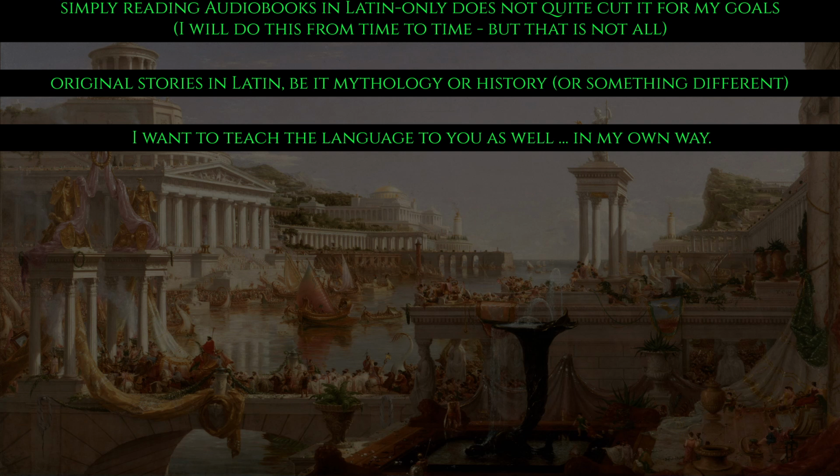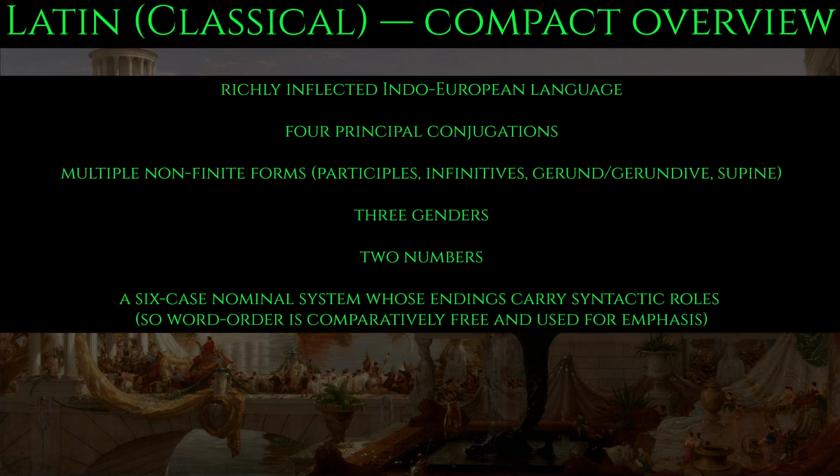So, before we begin our first lesson, let me give you a brief overview of the Latin language, and thus also an overview of this course, more or less. Now, Classical Latin is a richly inflected Indo-European language with 4 principal conjugations, multiple non-finite forms, participles, infinitives, gerund or gerundive, and supine, 3 genders, 2 numbers, so don't worry, no dual here, and a 6-case nominal system, whose endings carry syntactic roles.